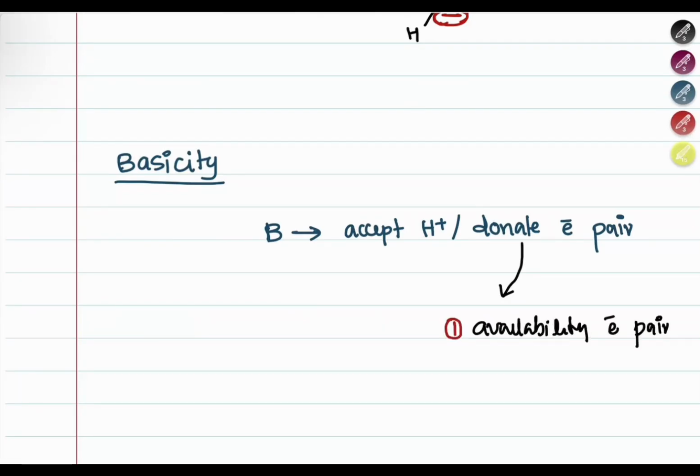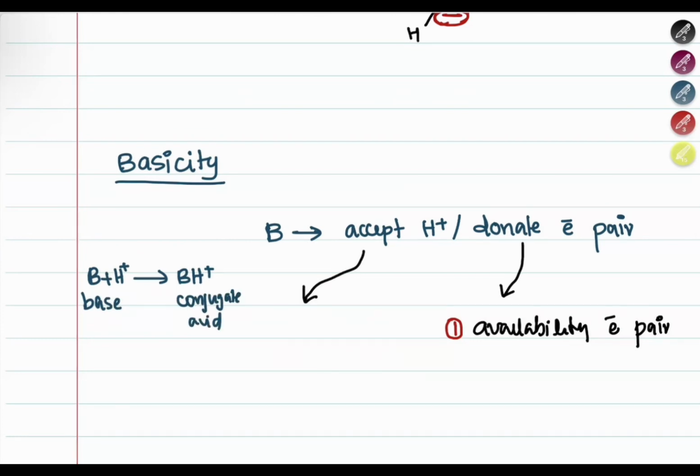The second way is that after accepting H plus, we have seen the base will accept an H plus, and after that we will get BH plus, and from the base we will get an acid which is called the conjugate acid. And the second way is that we can find out the stability of this conjugate acid.